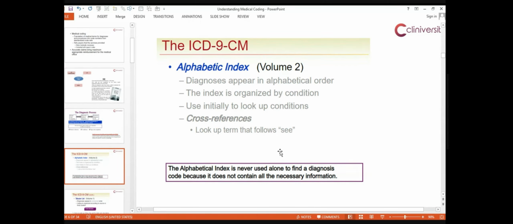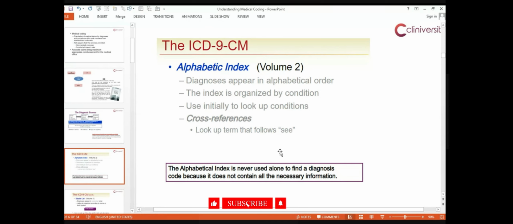So volume 2 of ICD-9-CM is organized in alphabetical order, and the index is organized by the condition with which a patient is suffering. Use it initially to look up the condition. Cross references can be there, with a lookup term that follows "see".